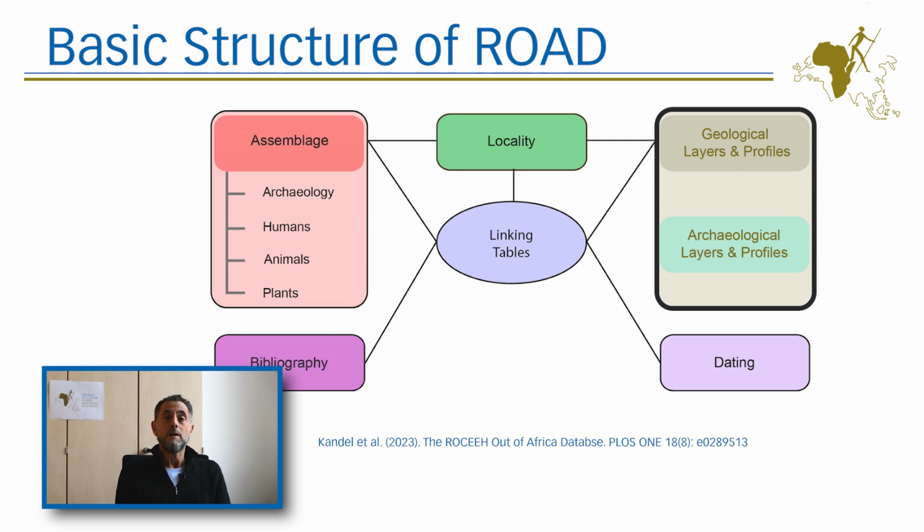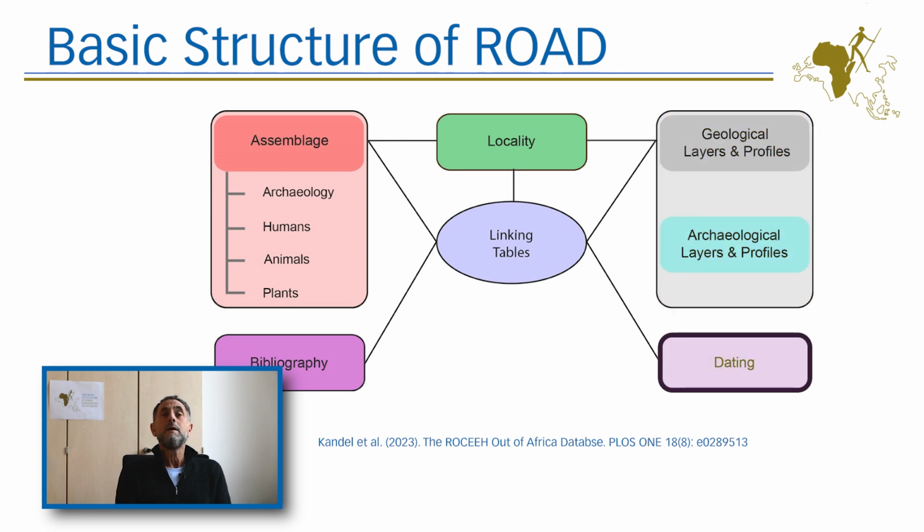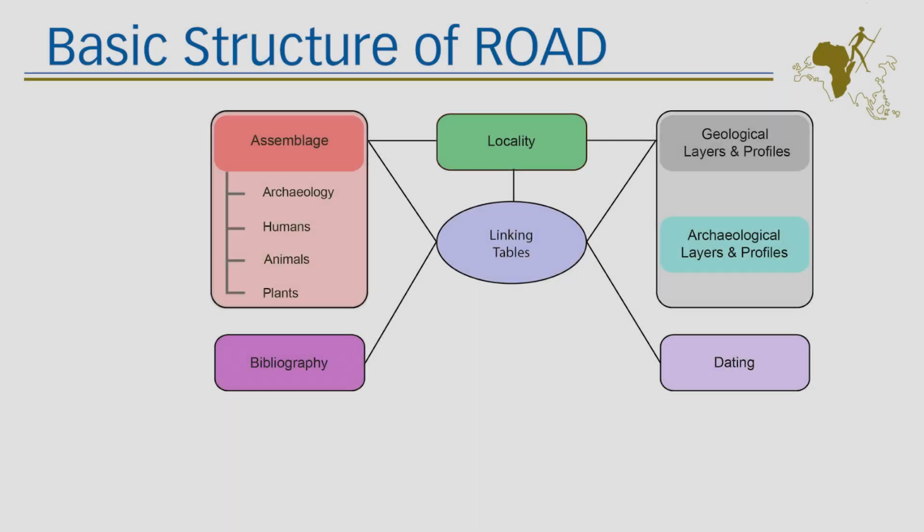These can have different cultures associated with them, and all of these can have different radiometric datings associated with them so that we can understand how old the sites are. Once we have that structure established, we can now start to add the finds, which we call assemblages, into the picture. Those are embedded into the different layers that are contained in the site.